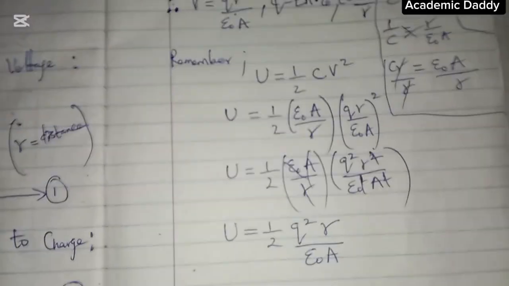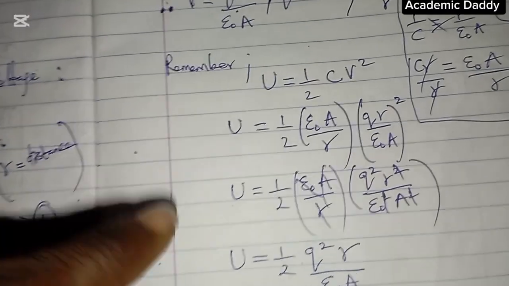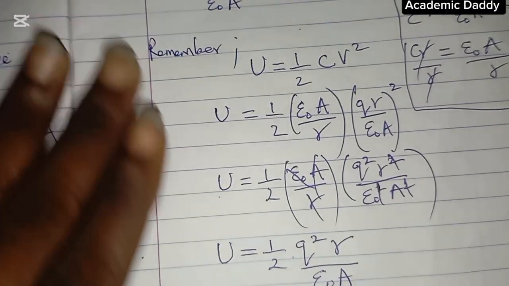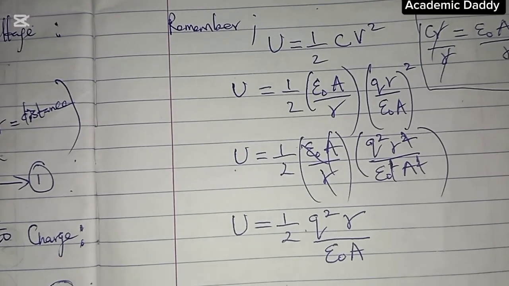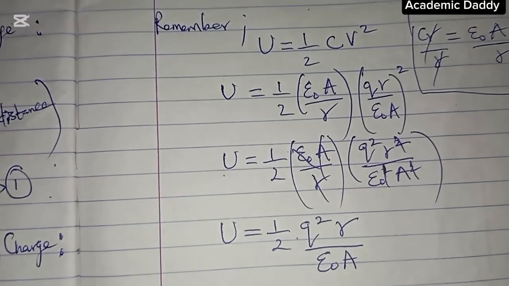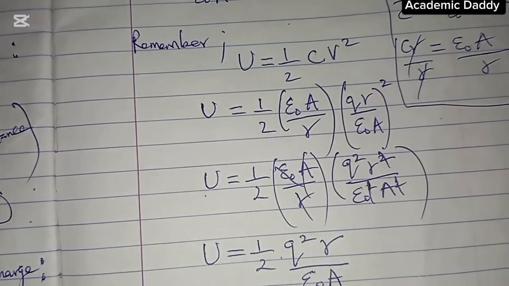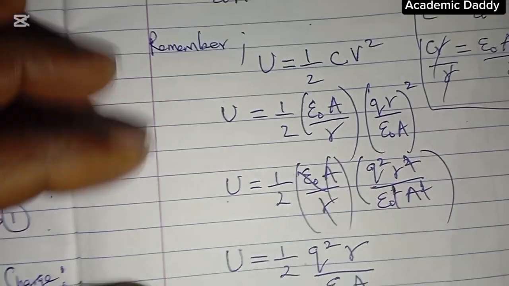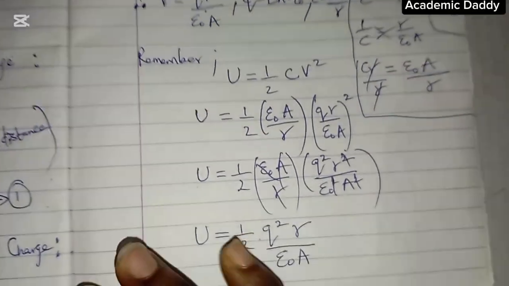And notice that Q, remember that we are comparing Gauss law to what we have for energy stored. So we are trying to derive energy stored in a parallel plate capacitor. We are trying to use Gauss law to get that, and the result is always something that will lead us to electric energy density.